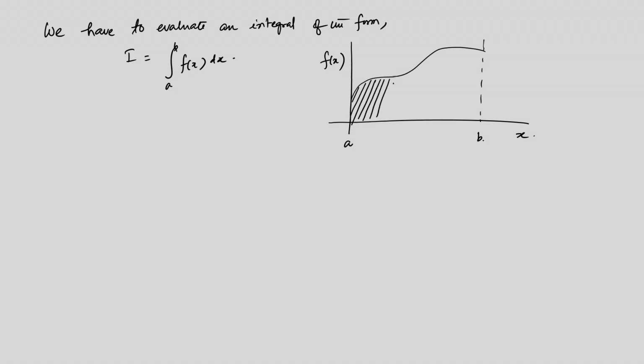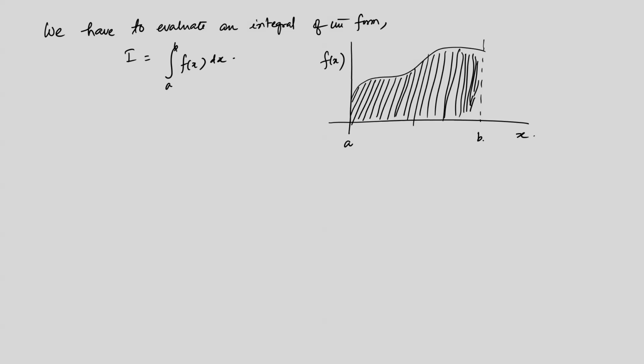So, an integral always means an area under the curve. This shaded area that is shown here is to be found out, and this is what is meant by numerical integration, and a and b are shown here.